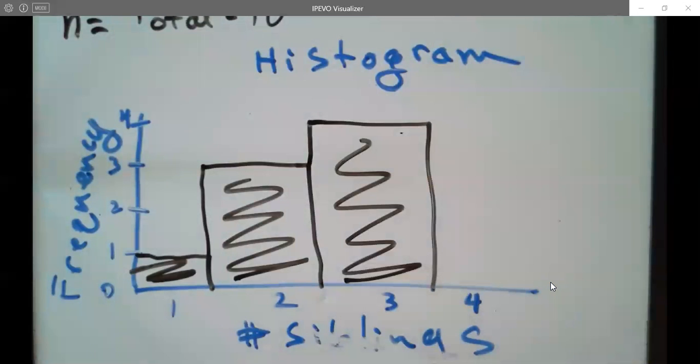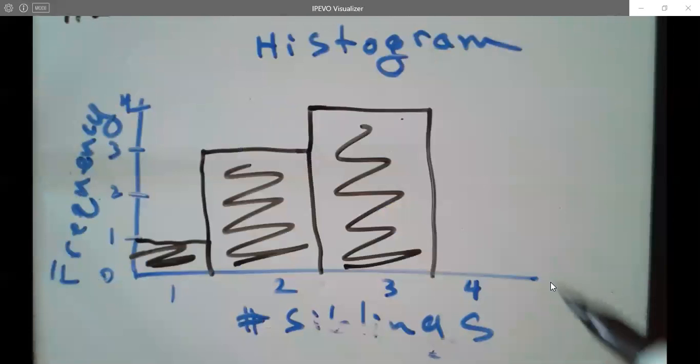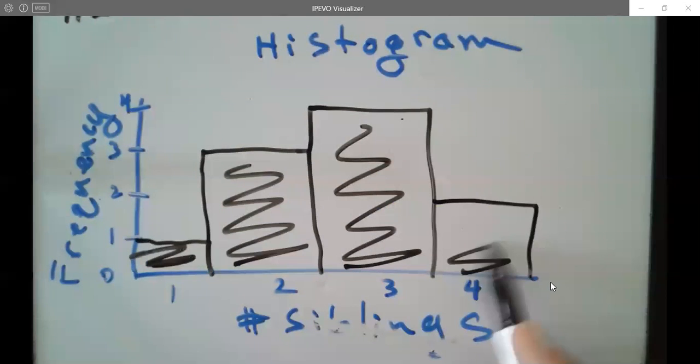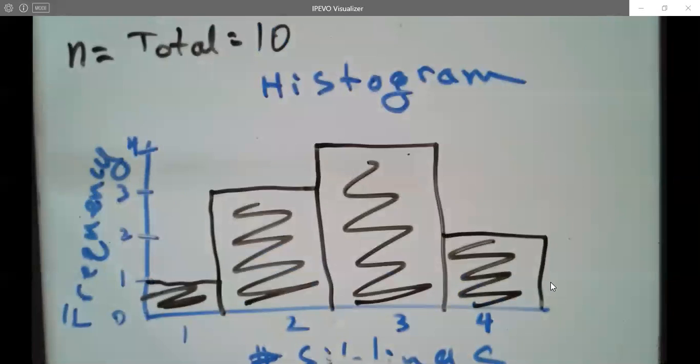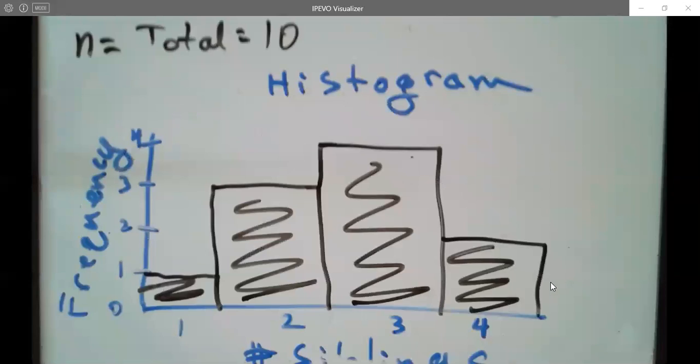And then the last one, 4 siblings, is back down to 2. Okay, and that's our histogram. All we did is we took our frequency distribution chart and put it in graph form.